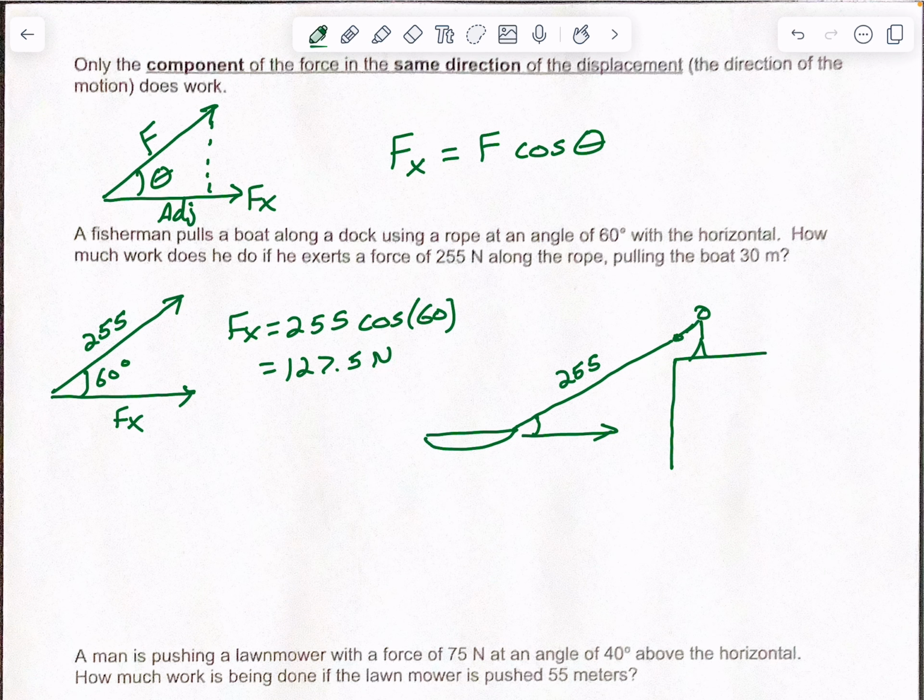That is how much of that force is actually pulling the boat towards the dock. Now we have our correct force and we have distance, so we can do work equals force times distance: 127.5 times our distance. We pulled the boat 30 meters. Multiply those and you get 3,825 joules.